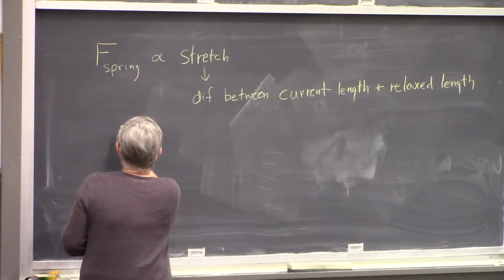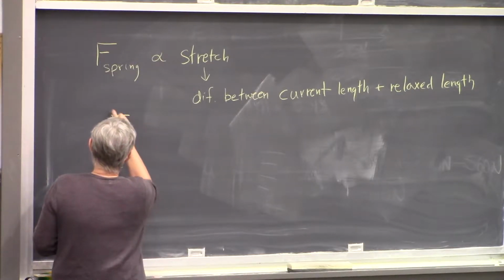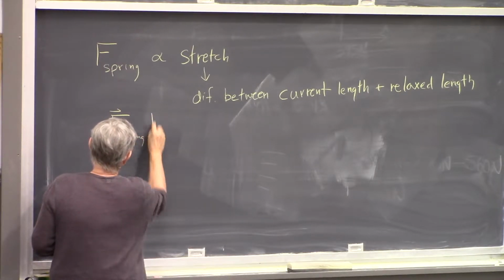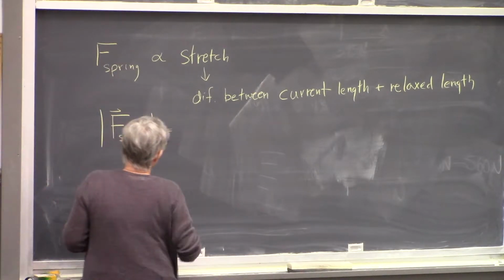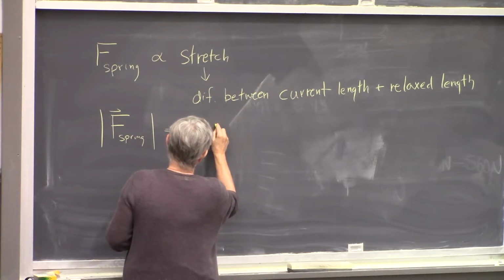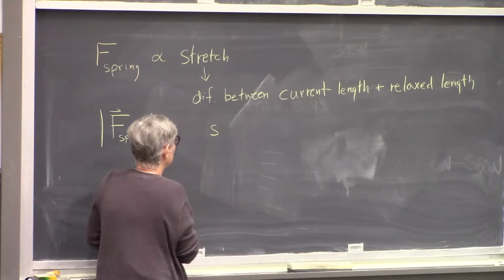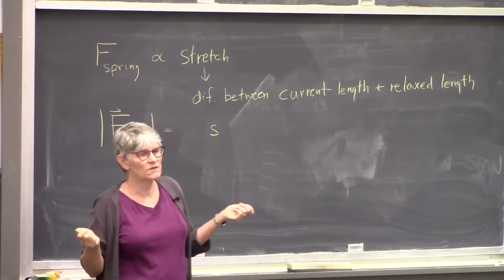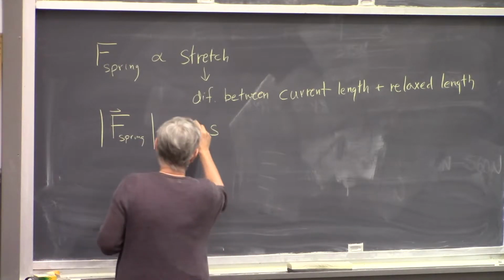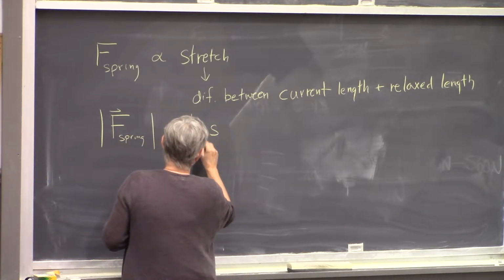So we could write the magnitude of the force exerted by a spring is equal to the stretch times some constant. What's the constant? We use the symbol K sub s.